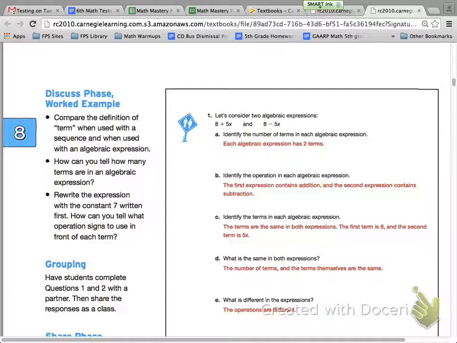And once you are done with number 2, then you can continue the video. So if you're not done with number 2, which you shouldn't be yet, hit pause, finish number 2, and then hit play to continue watching the video.